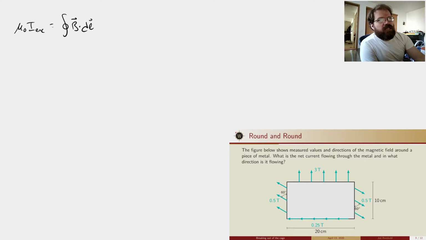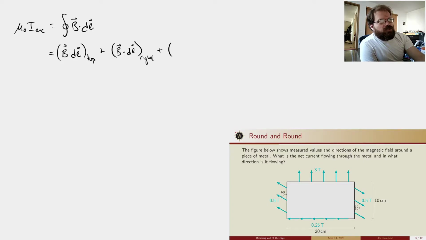So instead of looking at this as one integral, I could say: what is B dot DL along the top, plus B dot DL along the right-hand side, and so on.